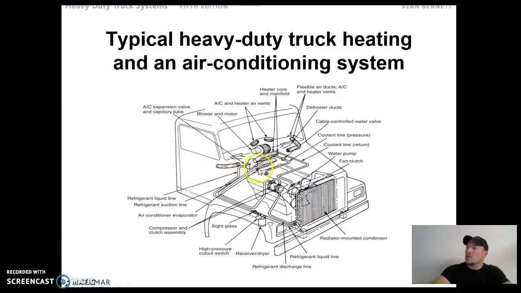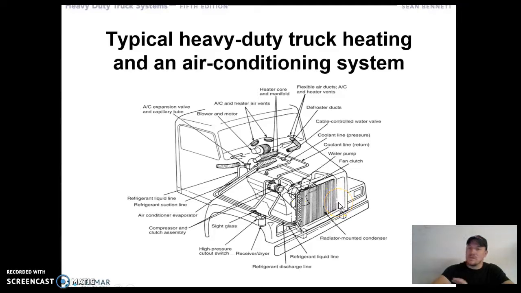In the evaporator core, we will have a state of matter change because it'll be absorbing the heat outside of the cab. And as it absorbs that heat, it becomes a gas or a vapor. That gas or vapor then comes out of the evaporator, travels back to the compressor where it's recompressed as a high pressure gas or vapor, goes back into the condenser once again and goes through the condenser.